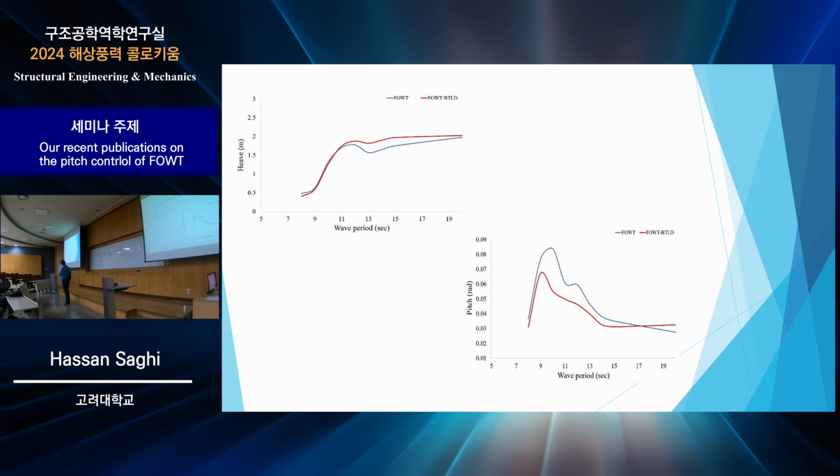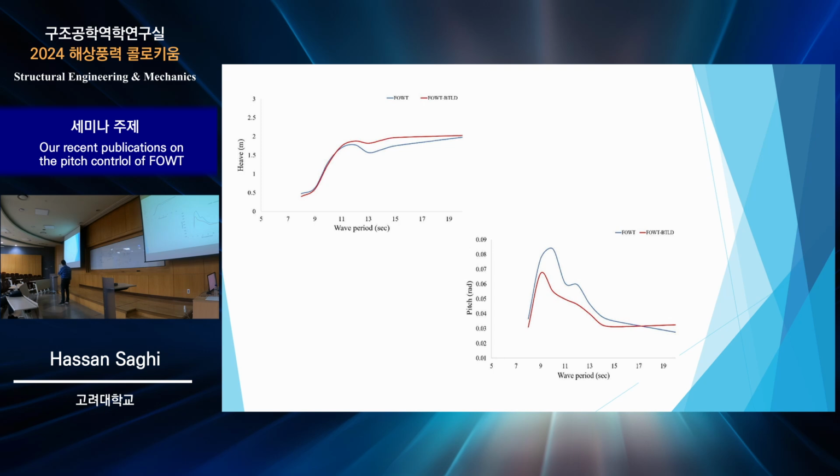Around the natural period, it's around, I think, 30% less relative to the original floating offshore wind turbine. However, for the heave motion, you can see the integrated model has a bit more heave motion relative to the original floating offshore wind turbine.